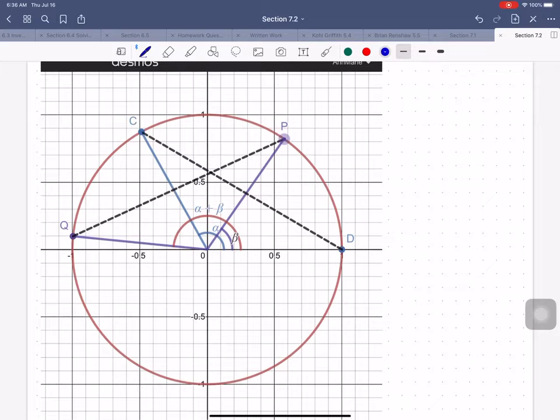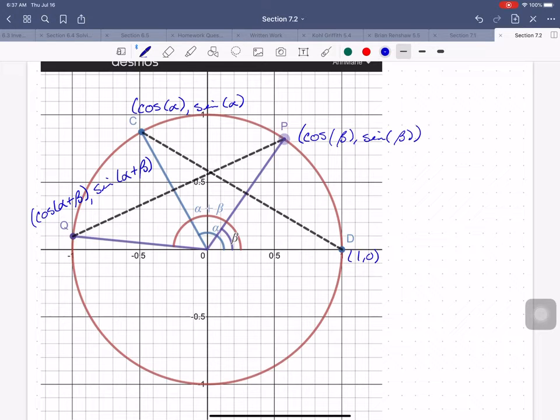We know that this point P is at the coordinates cosine beta, sine beta. And this point C is at the coordinates cosine alpha, sine alpha. And Q would be at cosine of alpha plus beta, sine of alpha plus beta. And this is of course the point (1, 0).